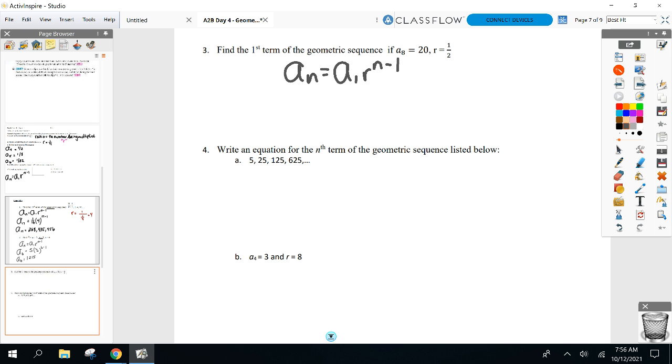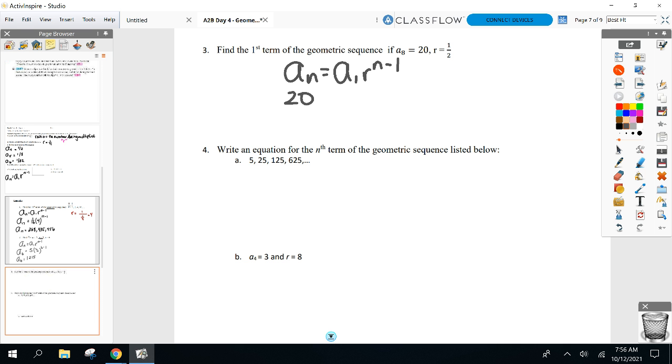A1, right? So you guys have to help me plug in for everything except for A1. A sub n is any term in the sequence other than the first. No. What's the term, the actual term? 20, right? 20 is a given term in the sequence.